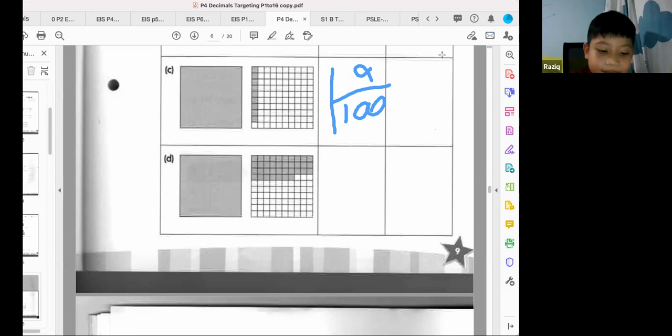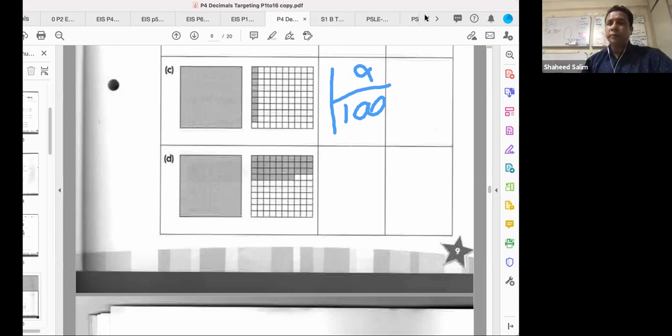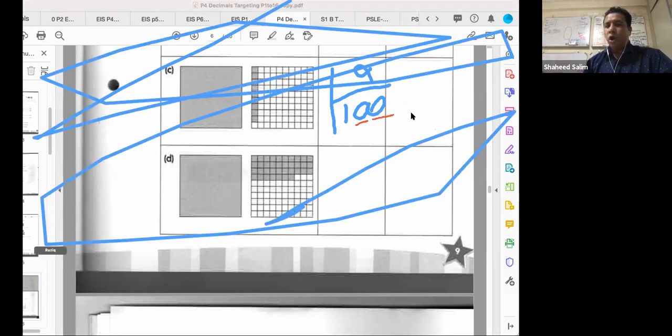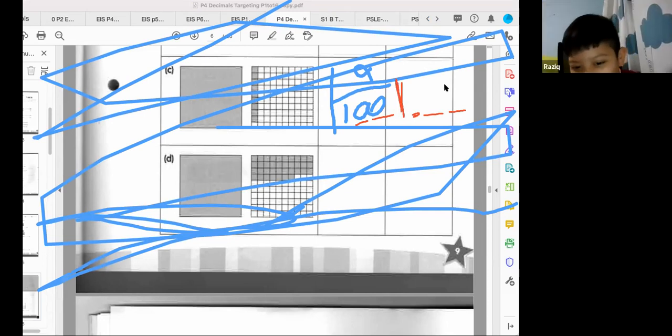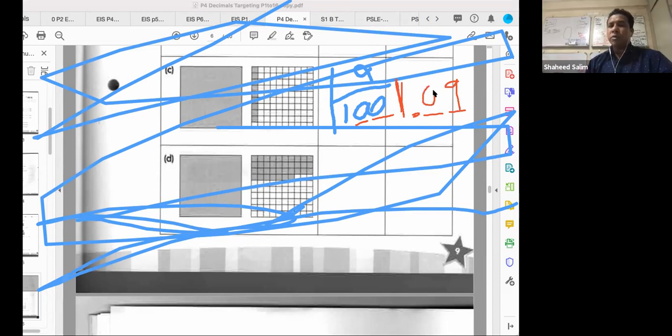So now down here, watch. This one now, when you have 100, remember you must have a dot with the 2 spaces. 1, 2. Now, how many whole is there? There's 1, so you write 1 here. 9, you put at the end here. And now you have 0 lah, 1.09.